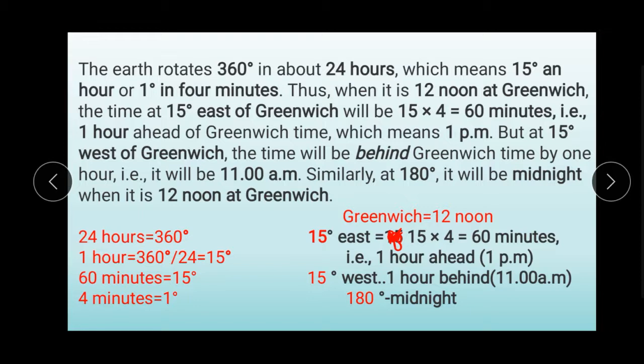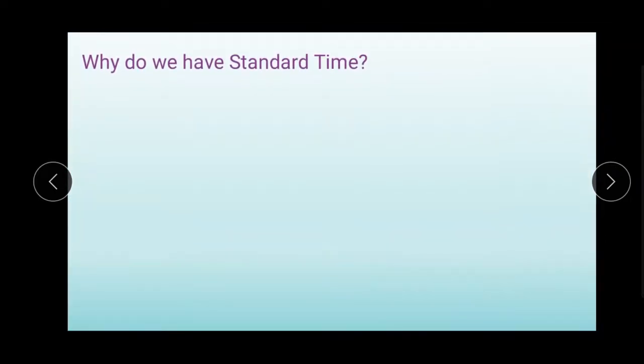Is everything clear? So the main concept is that the places east of Greenwich will have higher time than Greenwich, and the places west of Greenwich will have lesser time than Greenwich. Understood, children? Very good.